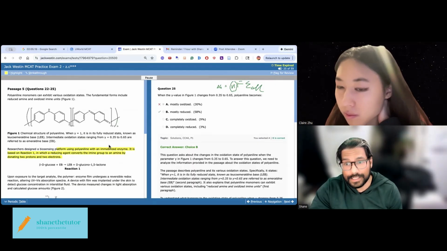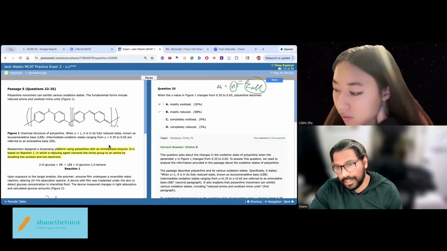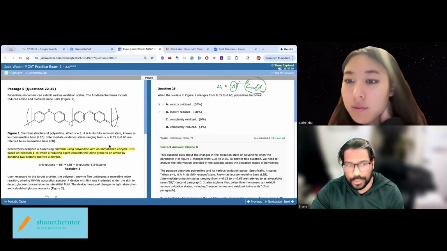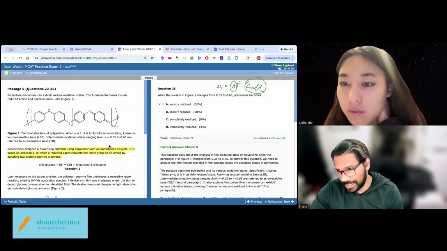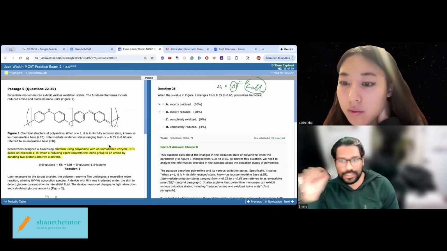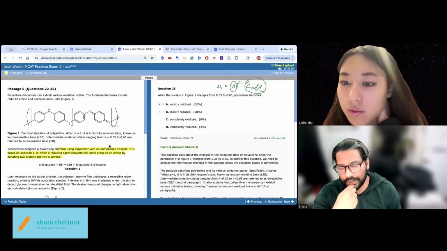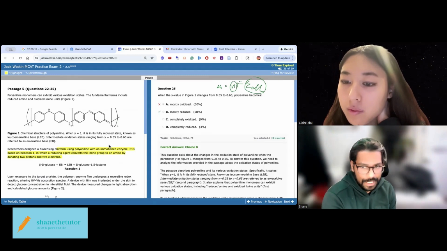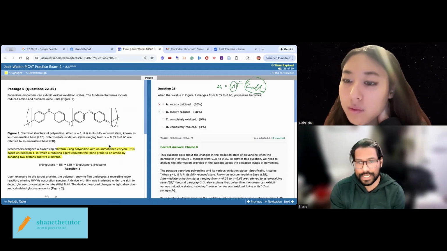And this cell potential is the sum of the reduction potential and the oxidation potential. So just link those two things in your head. When you see the words moles of electrons, think about redox.